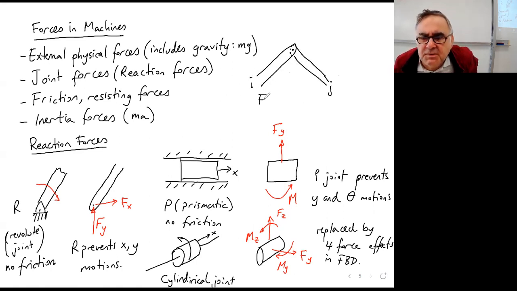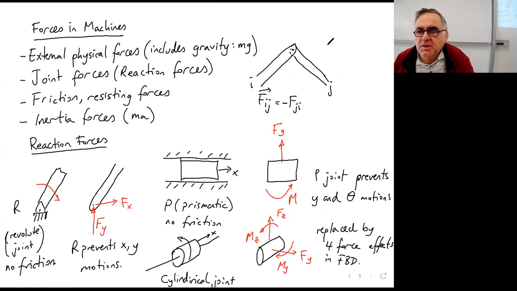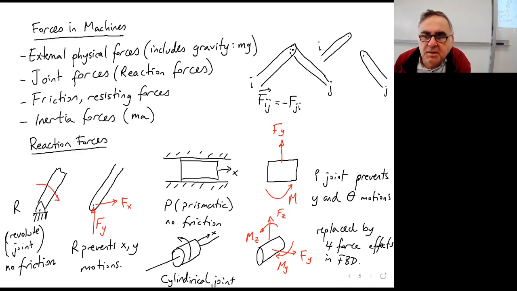As we know, action equals reaction, so Fij equals minus Fji vectorially. So if this is our ith element, and if this is our jth member, the reaction forces acting on them have to be equal and opposite in direction.